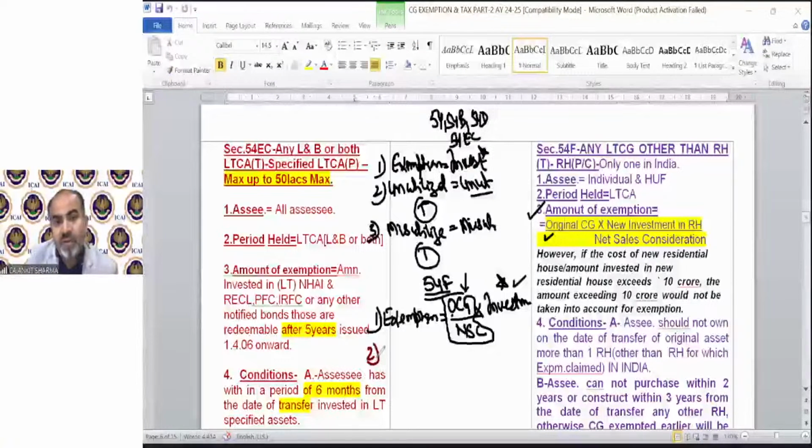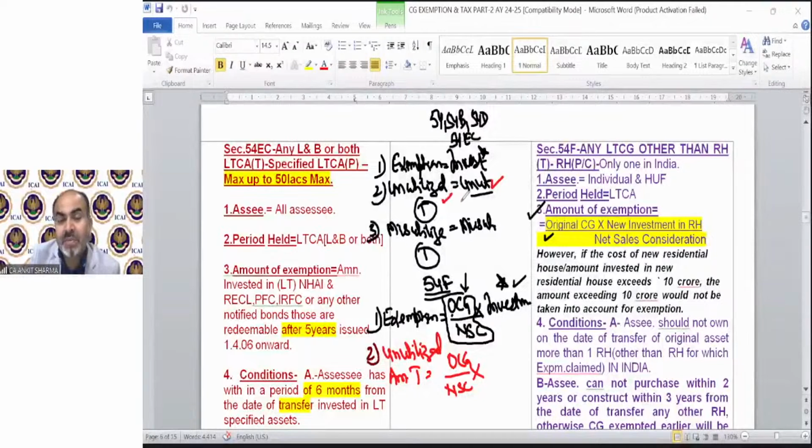Now, if we need to find the unutilized amount taxable, the good thing is we just need to follow the same formula: original capital gain upon net sale consideration. In the normal case, the unutilized amount is the unutilized amount taxable. Here we need to multiply the unutilized amount with this formula, and you will get the unutilized amount taxable.